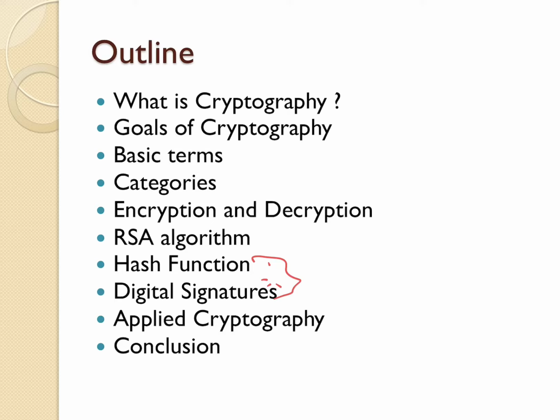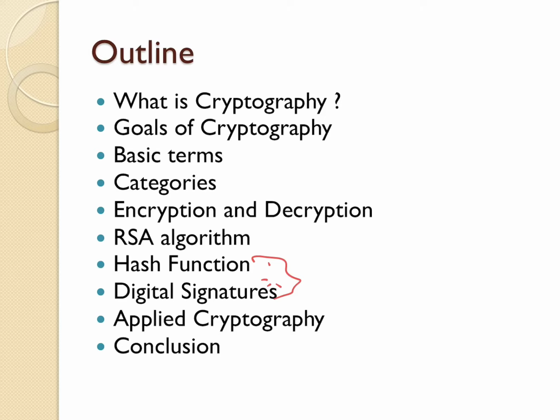Next we are going to see applied cryptography. One of the applications we are going to see is email: how we compose, how we send to the receiver side, and what happens, with a block diagram. I will explain it very simply so that you can understand the whole process of asymmetric and symmetric encrypting and decrypting.